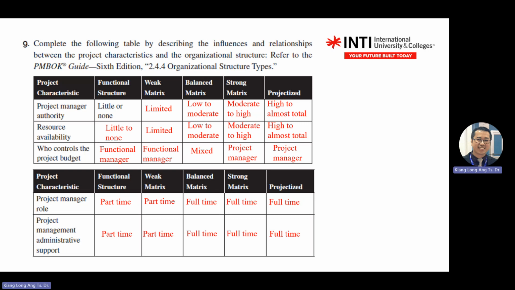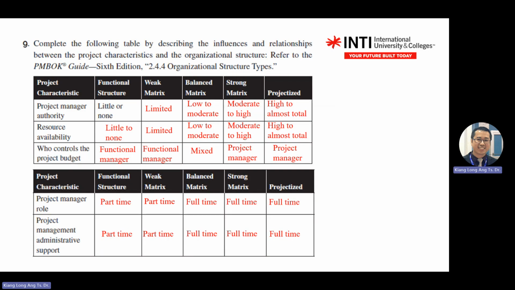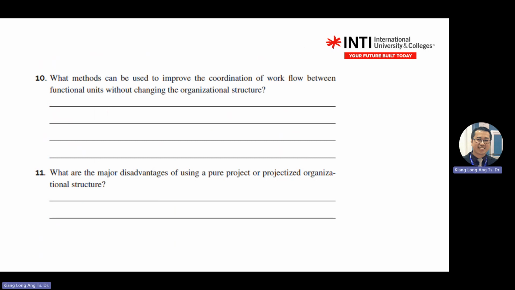So if it's a part-time role for the PM, then it will be part-time also. Here you see the importance of the project manager. Okay, again, go and read the full table in Canvas. This is just a very simple question.